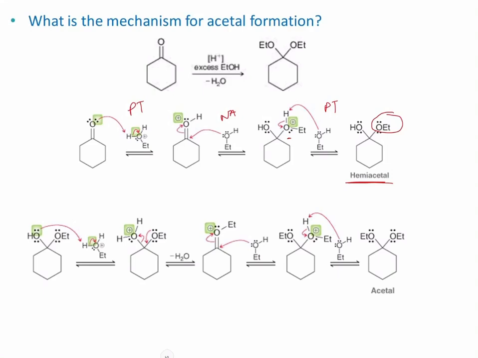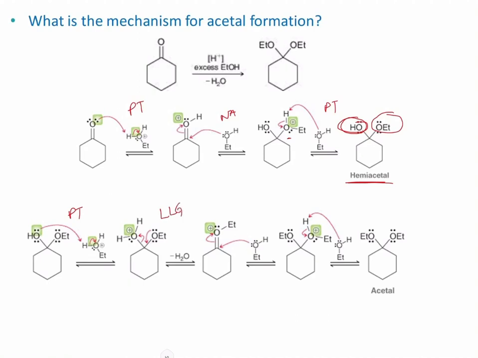In the next step, remember the key thing is we want to install an ethoxy group in this position so that we can form an acetal. So in the next step, we need to do proton transfer to turn the hydroxyl group into a good leaving group. So we do proton transfer, then after that, we do a loss of leaving group.